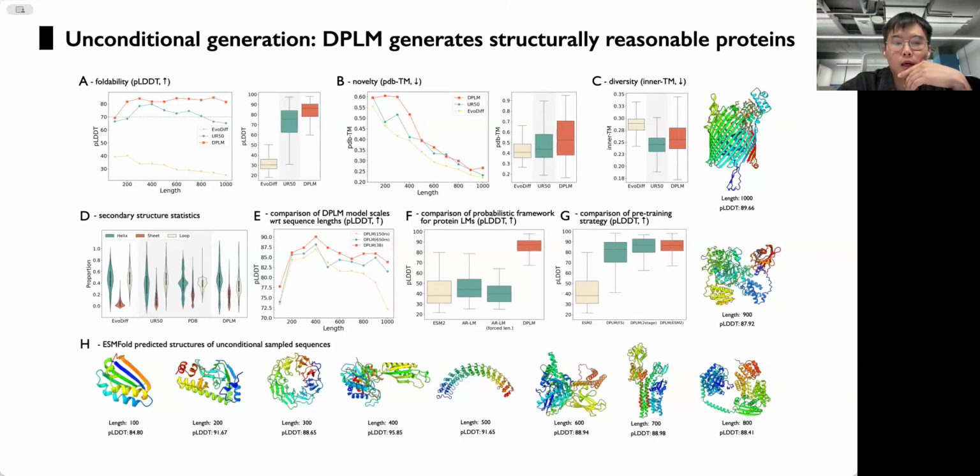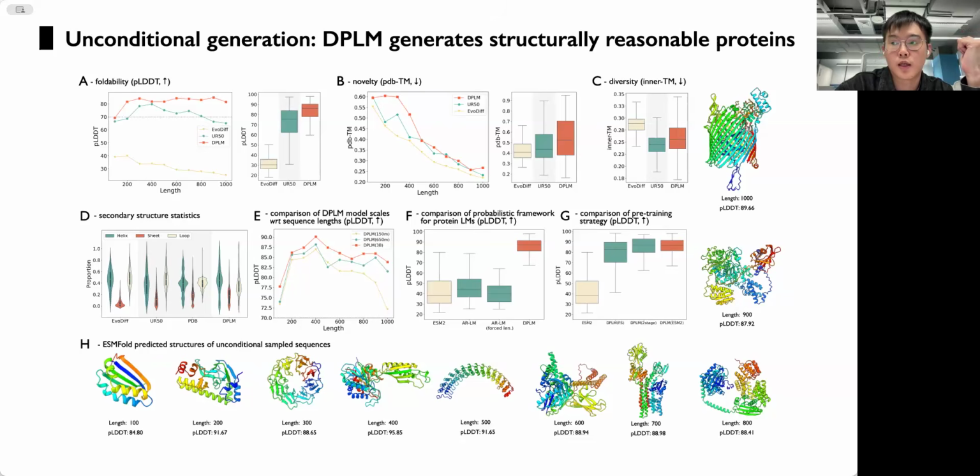But I think there are several methods that can help our model generalize to longer proteins, because our model uses a transformer with RoPE, the rotary position embedding.